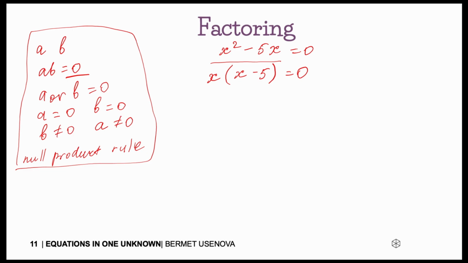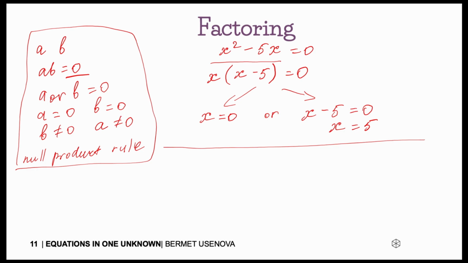This means that we have two options from here. If you remember the null product rule, it means that either x is equal to 0 or x minus 5 is equal to 0. Then we can also write that x is equal to 5.